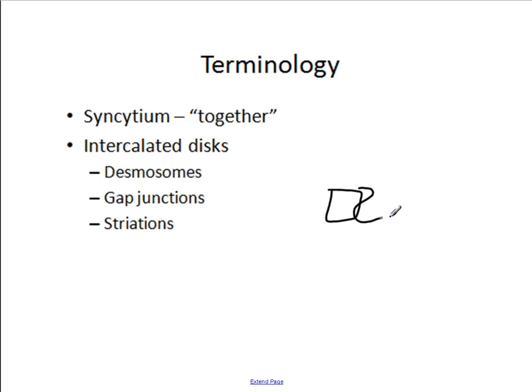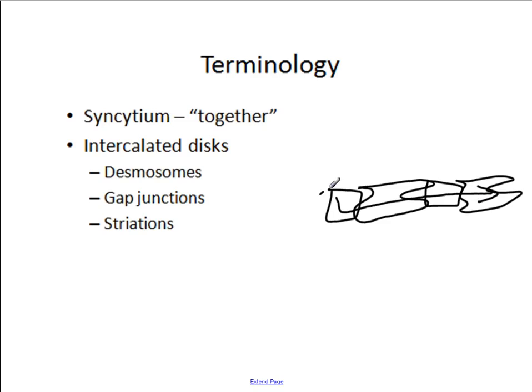Every single cell is connected to one another. So even though the heart is made up of all these individual cells, it behaves like it's one unit. When one of these cells depolarizes, that action potential is transferred into all the other cells that are connected together, so basically throughout every single cell of the heart.